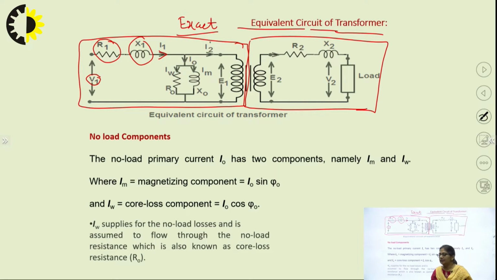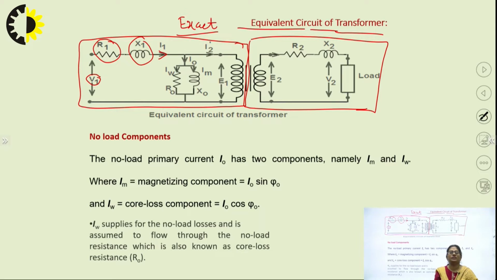As we have discussed in earlier lectures, what is this leakage reactance? Why are we representing it with a reactance X1? In a transformer, because of the leakage flux, the complete flux generated in the primary does not link with the secondary. Similarly, the flux generated in the secondary winding does not link up with the primary because of the leakage flux. Because of this leakage flux, there is a drop in the induced EMF.